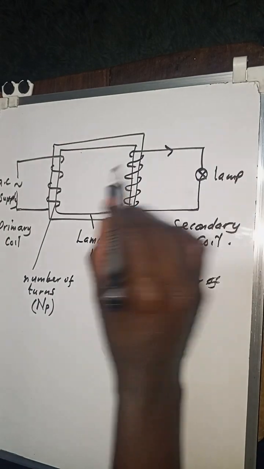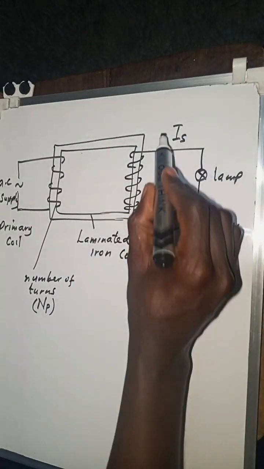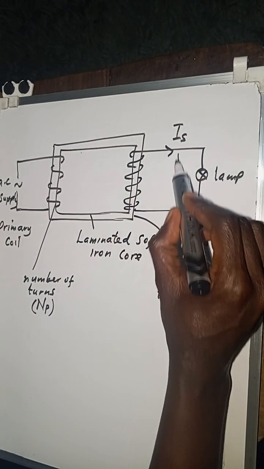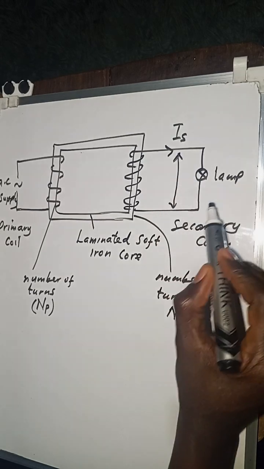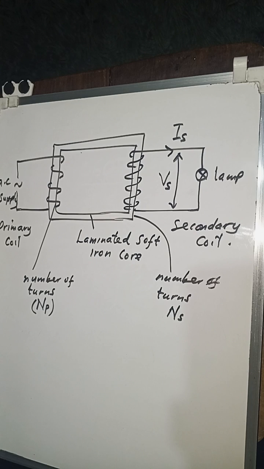The current that will pass through the secondary coil, we can call current secondary, IS, and the voltage passing through the secondary coil, we call voltage secondary.